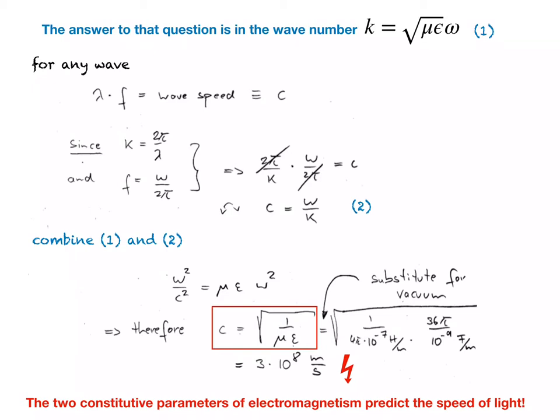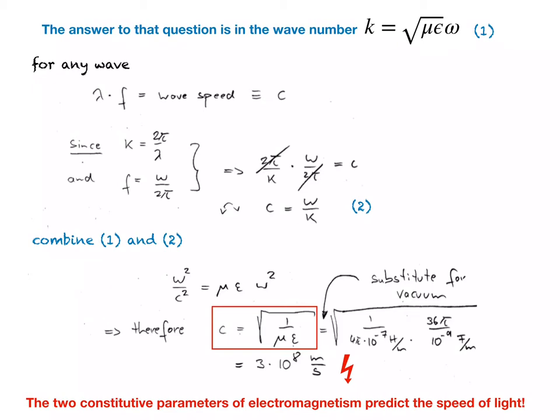We also know that for any wave, it holds that wavelength lambda times frequency f equals the propagation speed of the wave, c. Substituting for k and frequency with 2 pi on lambda and omega on 2 pi respectively, we obtain equation 2 as c equals omega on k.